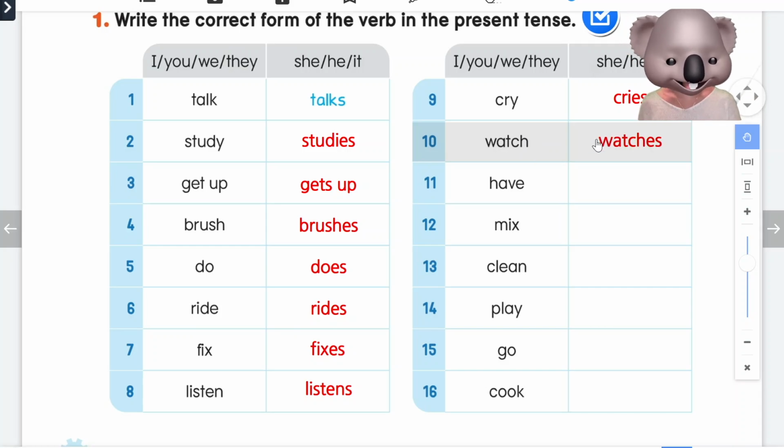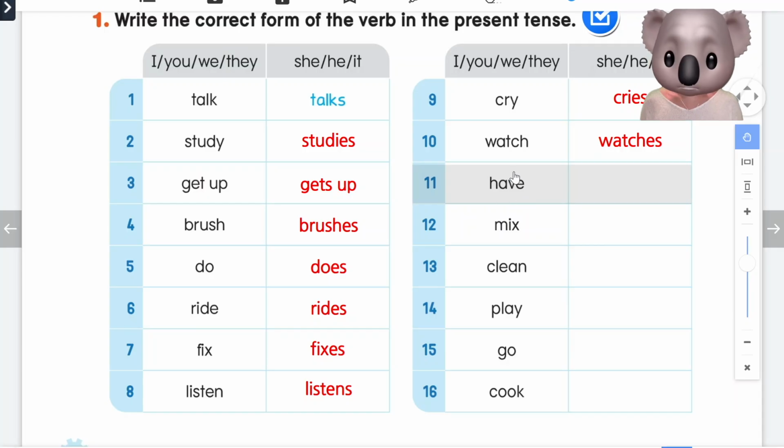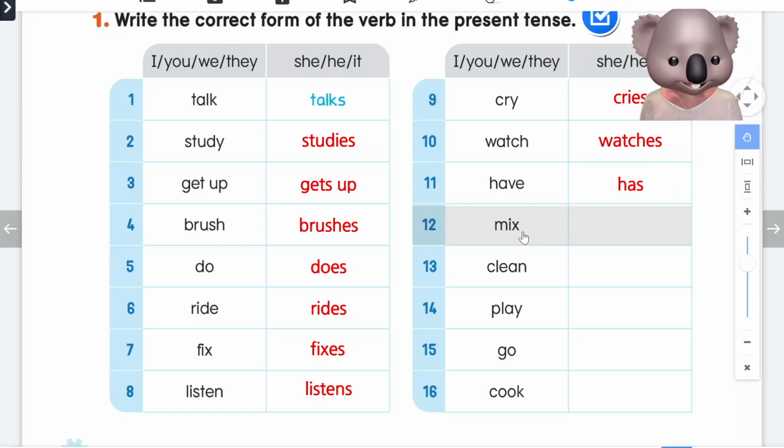Good. Watches. Number 11 is also irregular. have가 아니라 has. Number 12, mix. x로 끝나서 we need to add es. Mixes. Number 13, clean becomes cleans.